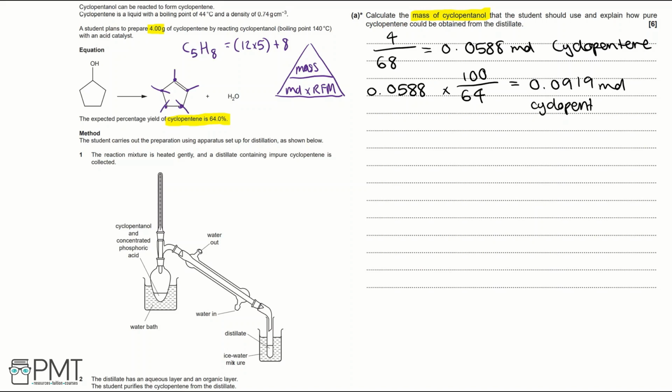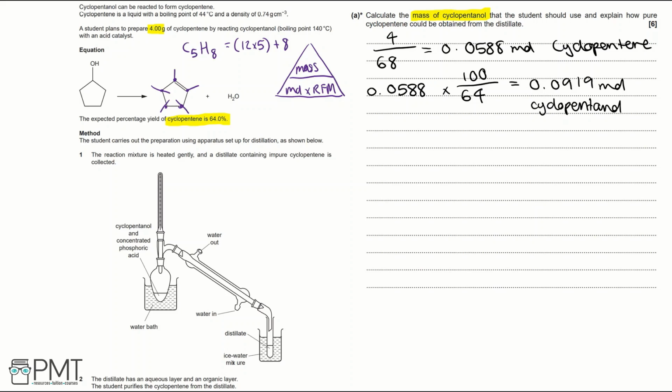You might have thought that the fraction should go the other way round, but that's going to give you a smaller number of moles. Because the percentage yield is less than 100, you're going to need more cyclopentanol in order to make 64% cyclopentene, because some of this is going to be water.